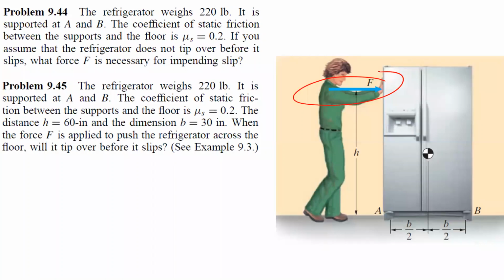So the first question here is the F which causes impending motion.